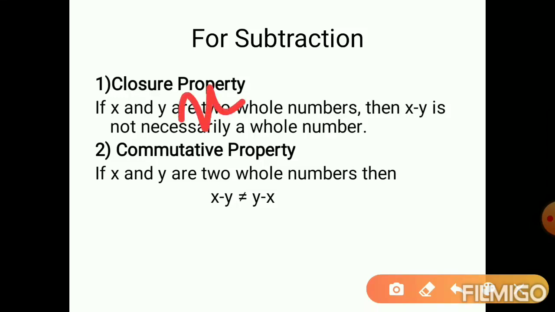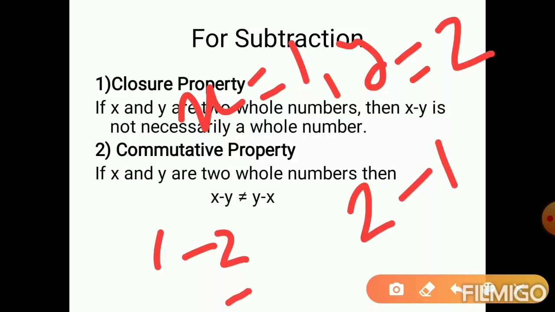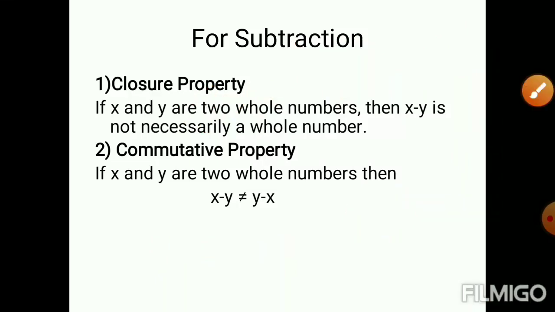Suppose x is 1 and y is 2. x minus y is 1 minus 2, and y minus x is 2 minus 1. 1 minus 2 is minus 1 and 2 minus 1 is 1. So minus 1 is not equal to plus 1. So this property is also verified. So we can say that subtraction of two whole numbers is not commutative.